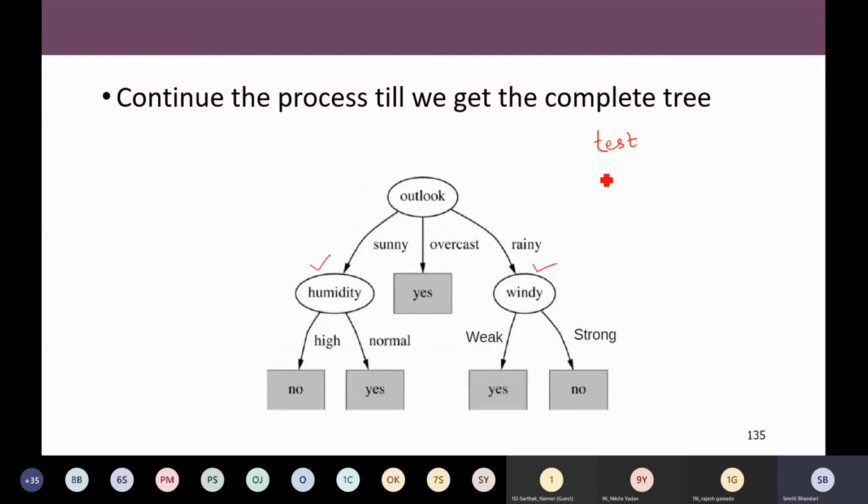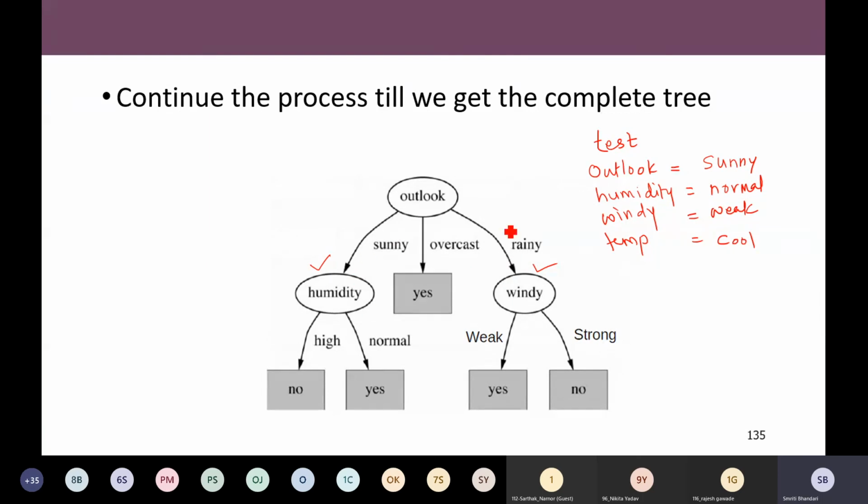Suppose I am having a test sample wherein Outlook value is sunny, humidity value is say normal, windy is say weak, and temperature is say cool.